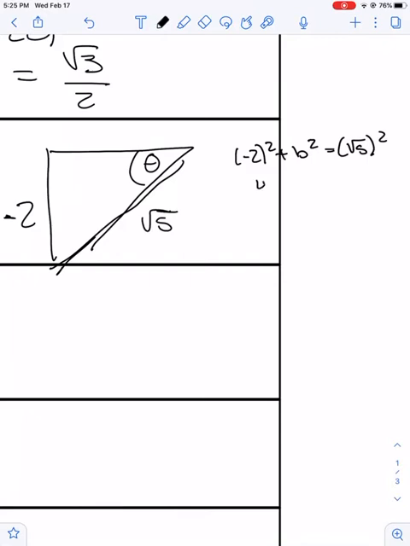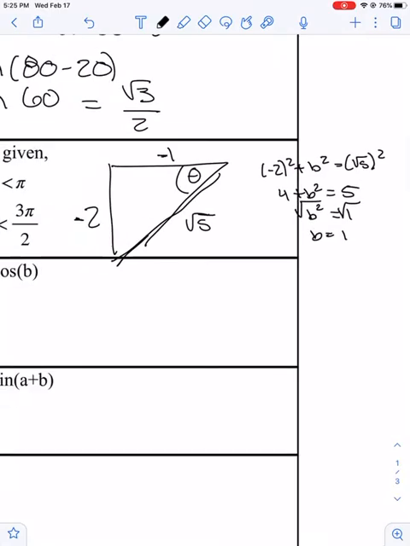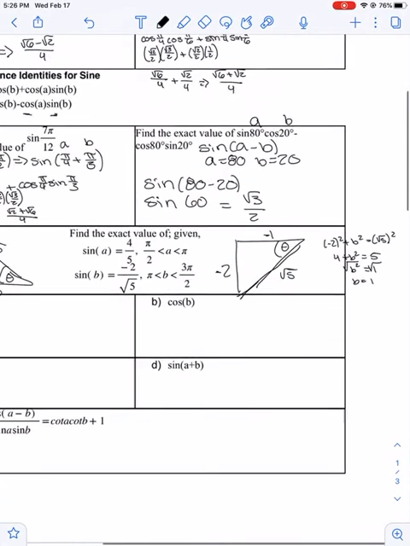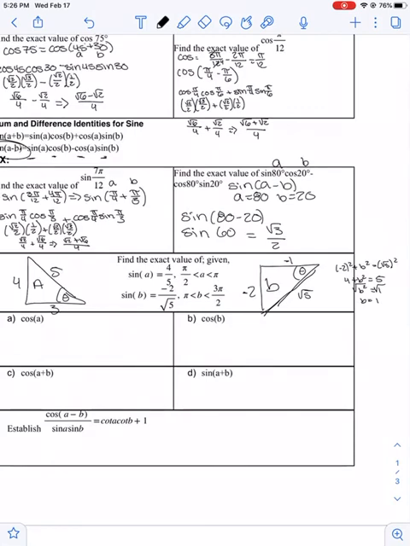Negative 2 squared plus b squared equals square root 5 squared. So 4 plus b squared equals 5. B squared equals 1. Square root, b equals 1. And remember that's in the third quadrant, so that 1 is negative, and that's b.